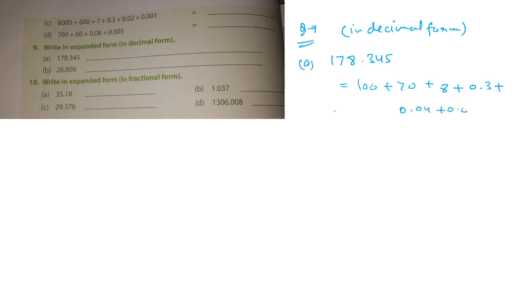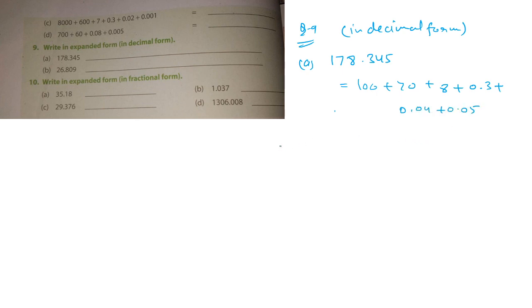Okay, so question 9 I am telling you again. Question 9 says write in expanded form in decimal form. So decimal form means 178.345. It means you have to write 100 plus 70 plus 8 plus 0.3 plus 0.04 plus 0.05.